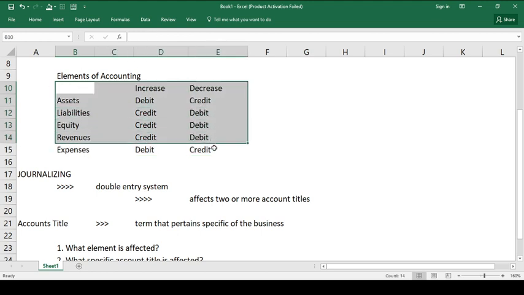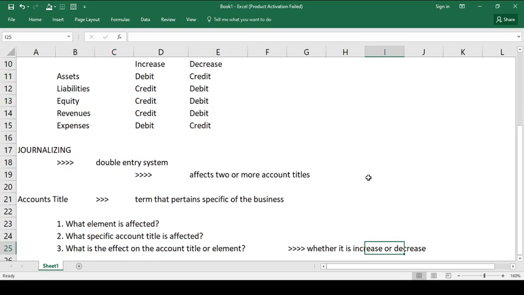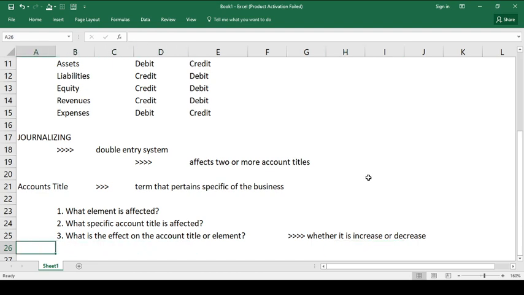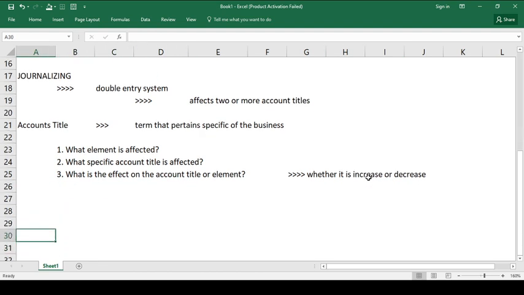If there is an increase on asset, we debit. If there is a decrease on asset, we credit, and so on. So, if those three questions are already answered, we need to prepare the formal journal entry already.